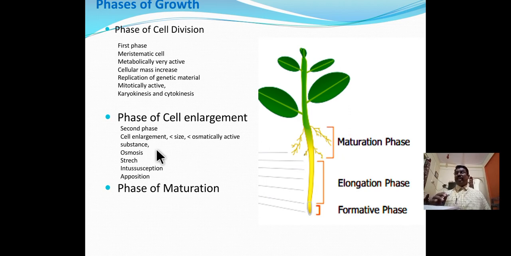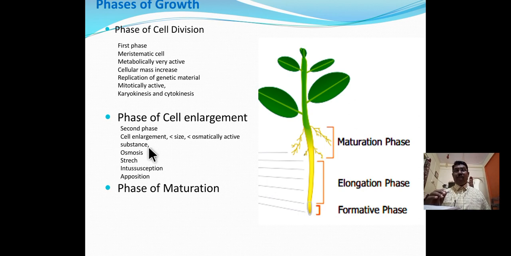Cell enlargement takes place by increase in size, by increase in the quantity of osmotically active substances, absorption of water and development of a vacuole in the cytoplasm.